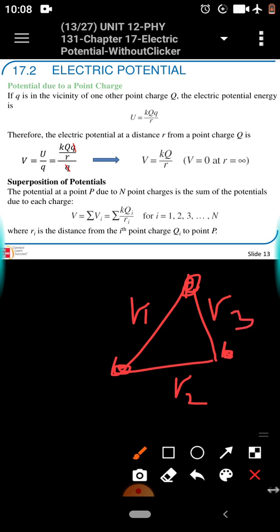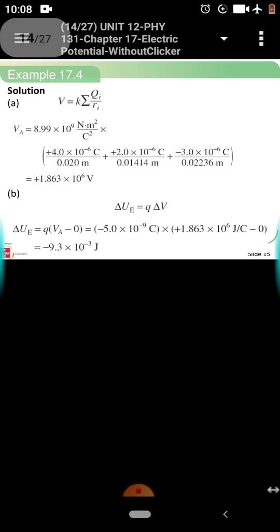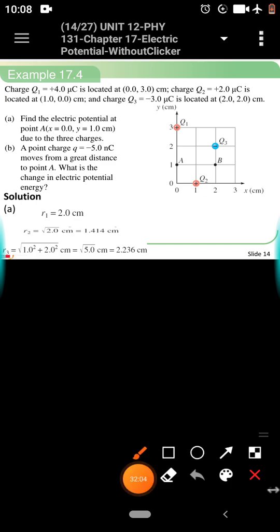All right, let's go over an example. Here we have a charge, where mu is 10 to the power minus 6. It's located at this point, and then the charge Q is this amount, located at that distance.